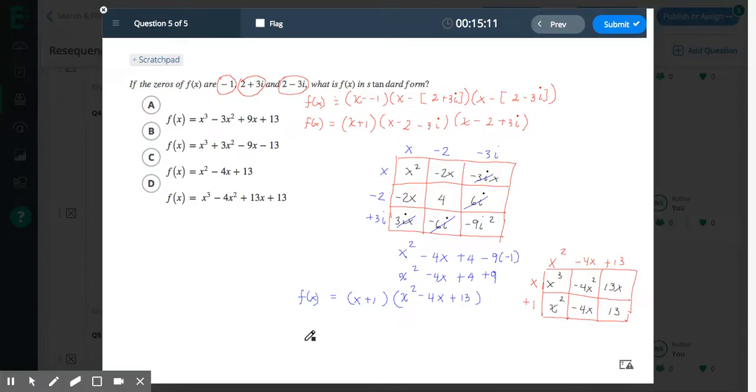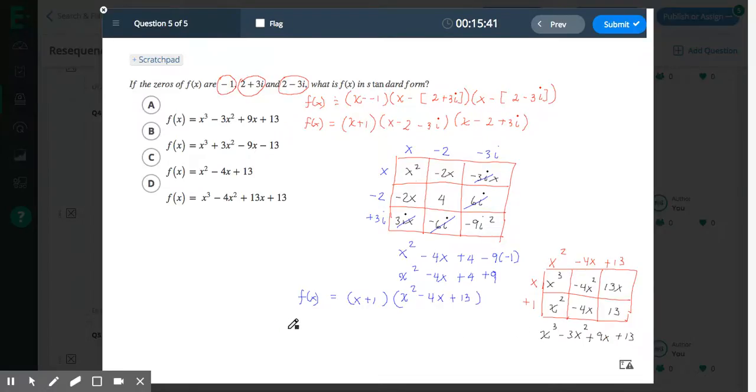So we'll have here now x cubed. x squared minus 4x squared is negative 3x squared. Negative 4x plus 13x is positive 9x. And we'll have here plus 13.